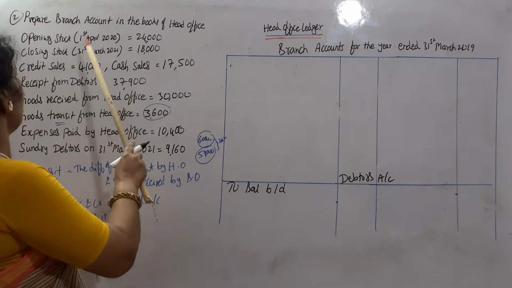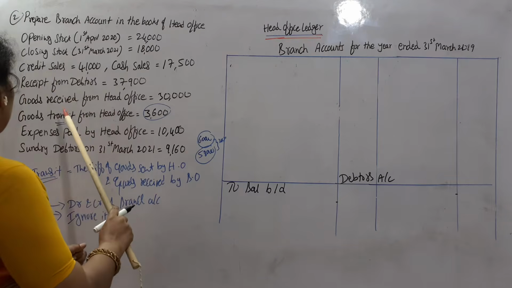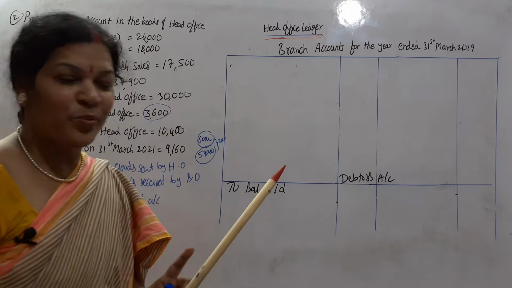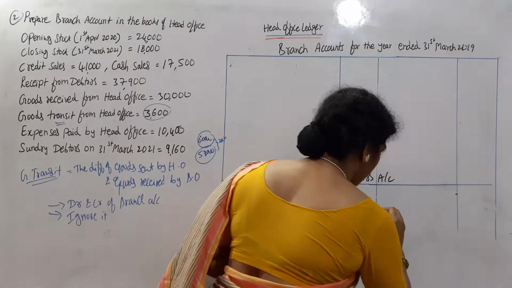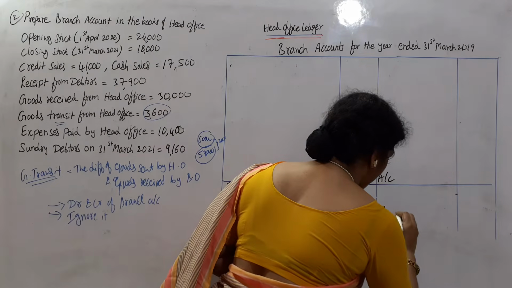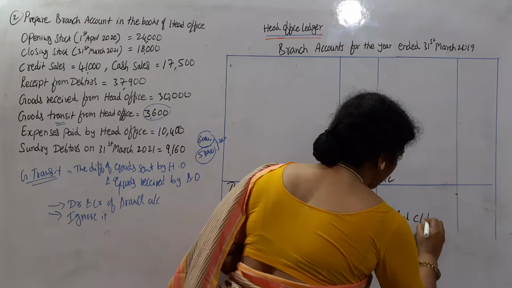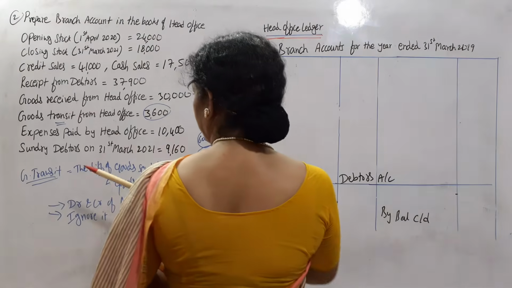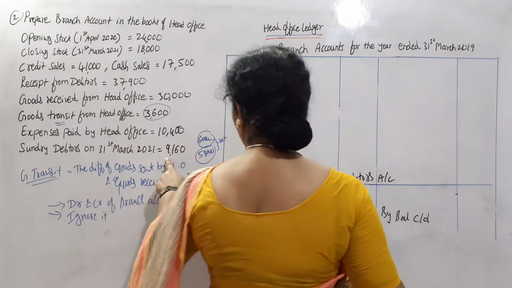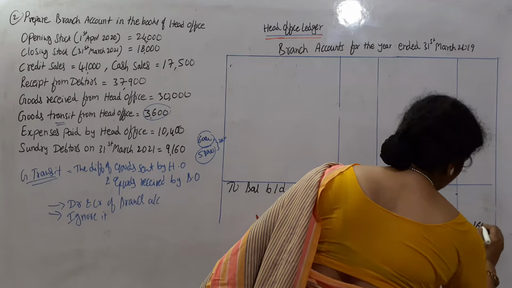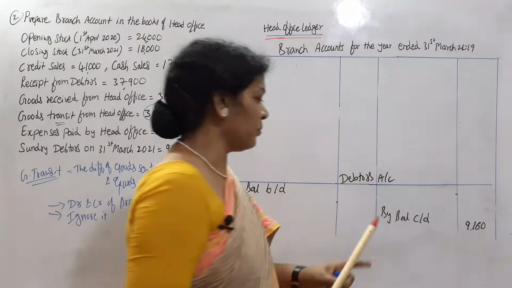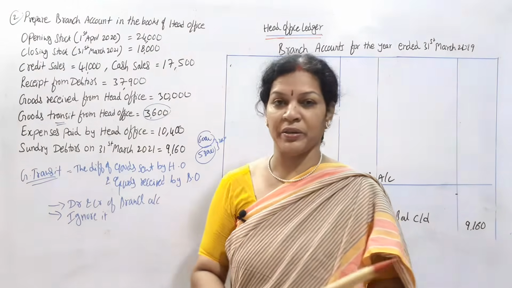Opening balance is not given, that is what we are going to find out. Closing balance is given, by balance carried down, 9,160. Opening balance we have to find out.